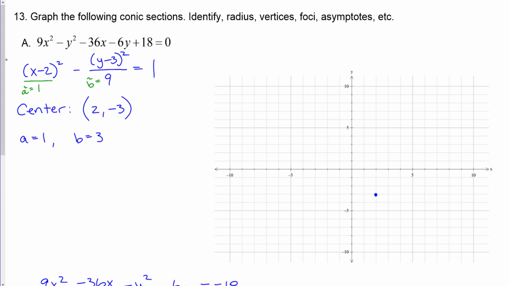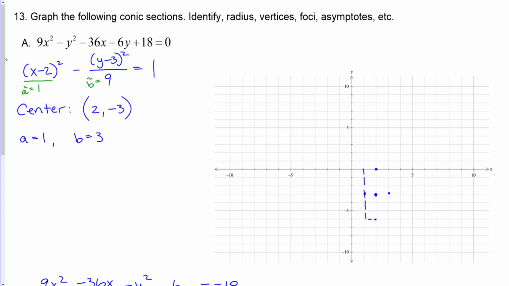So on the x, which is the horizontal axis, I would go 1 unit to the left and right to find points on this box. For the y, which is the vertical unit, I would go up 3. So 1, 2, 3. And then down 1, 2, 3 is there.